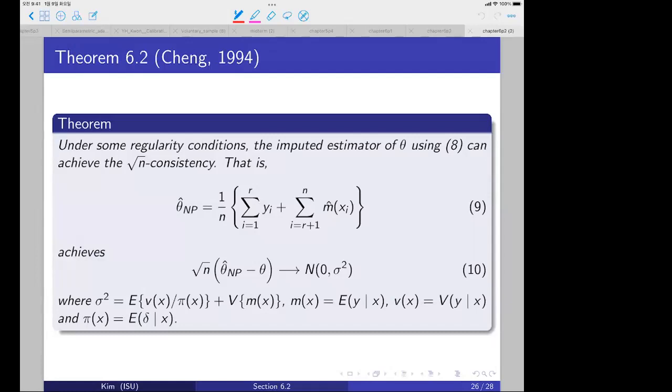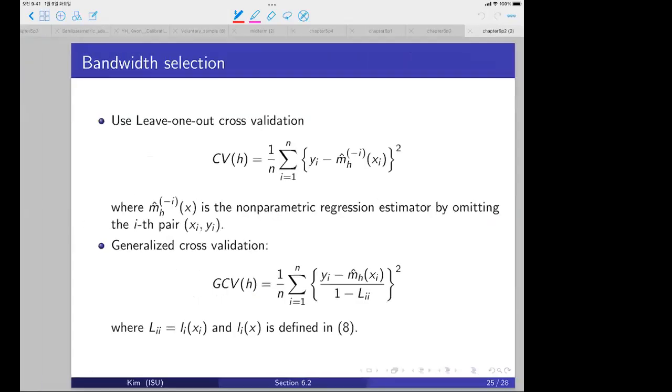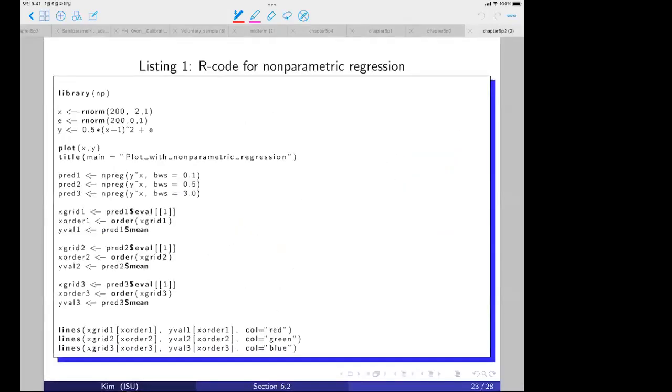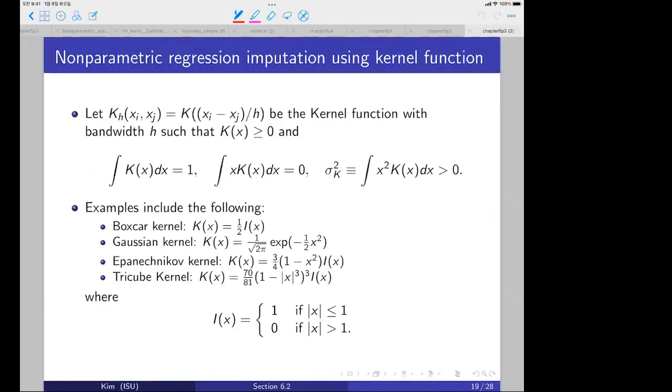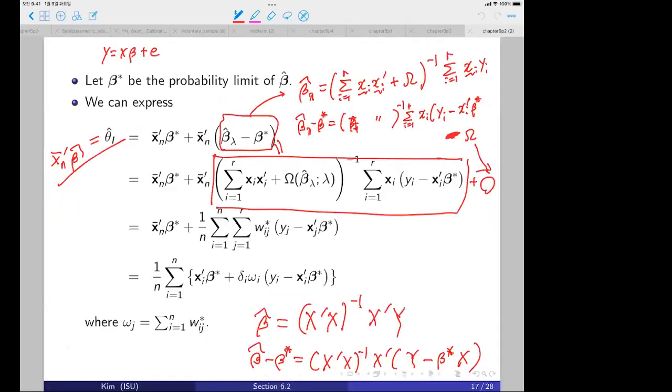How is this related to the couple-one estimation, combining the...? That's right. Yeah, that's a good question. This is kind of a hint already, right? This omega seems to be the inverse of the probability of response, right?